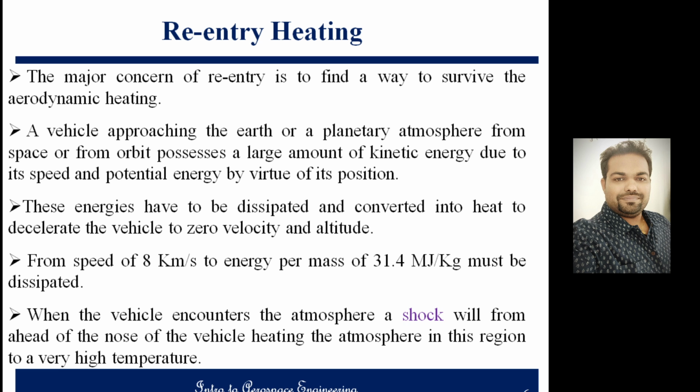These energies have to be dissipated and converted into heat to decelerate the vehicle to zero velocity and altitude. From a speed of 8 km per second, an energy per mass of 31.4 megajoule per kilogram must be dissipated. So this much heat needs to be dissipated, and only then can you slow down the vehicle as required for re-entry.